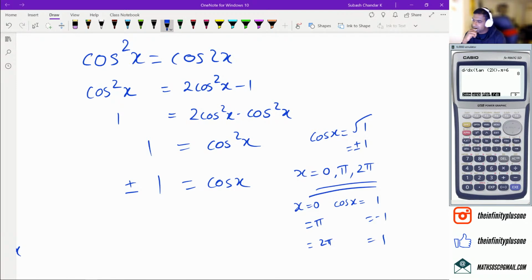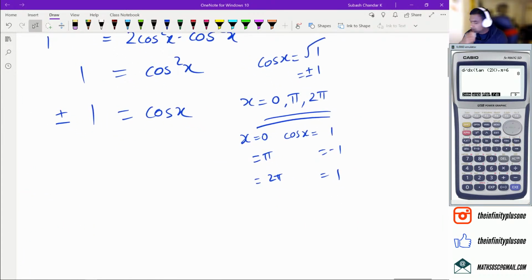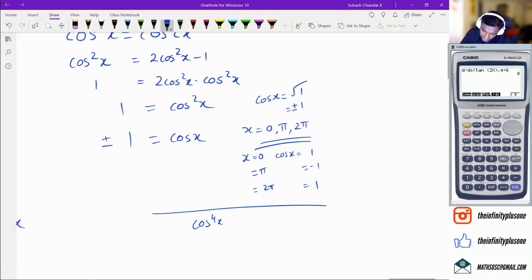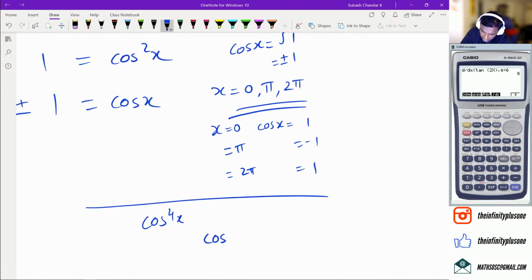Cos to the power of 4x. You could do it as, did you say differentiate or integrate? Well, you could do it like this, because cos 4x could be written as cos squared x times cos squared x.